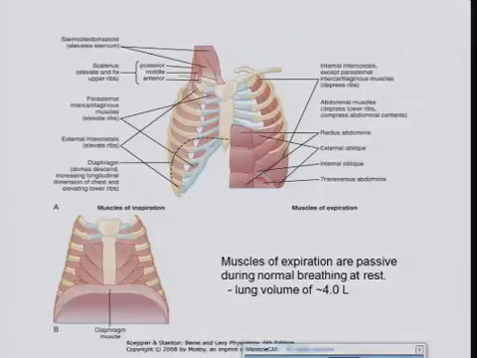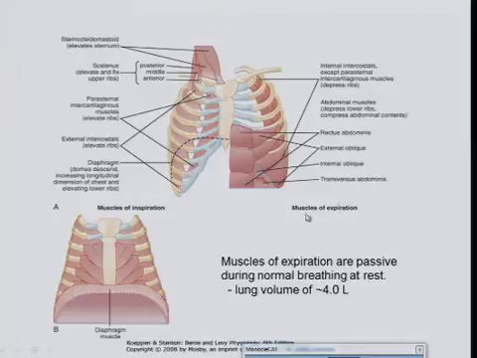As you inhale, you use muscles to expand the lung volume, the chest volume. But when you exhale, it's all recoil. It's just the rib cage and the diaphragm relaxing, and allowing the volume of the chest wall to collapse. So under normal conditions, expiration does not involve any muscle contraction.